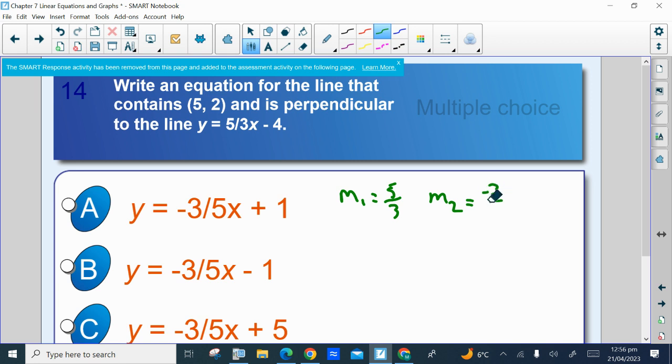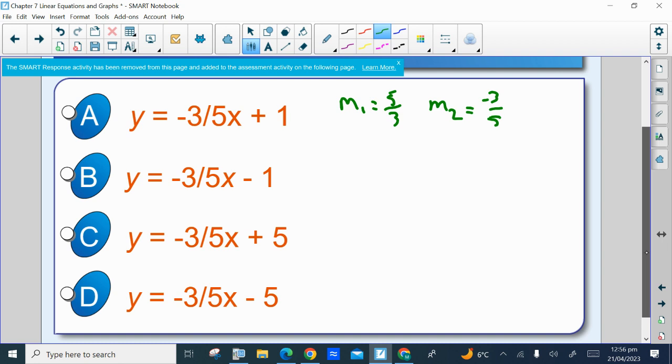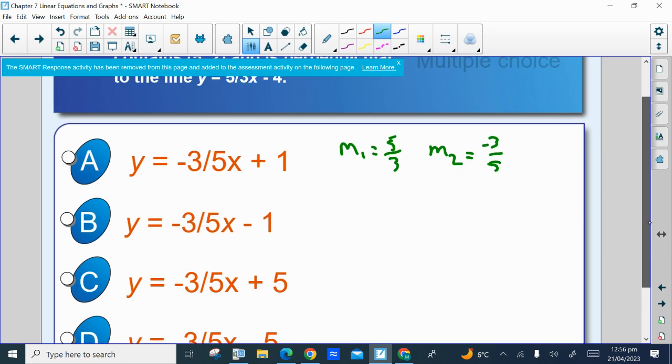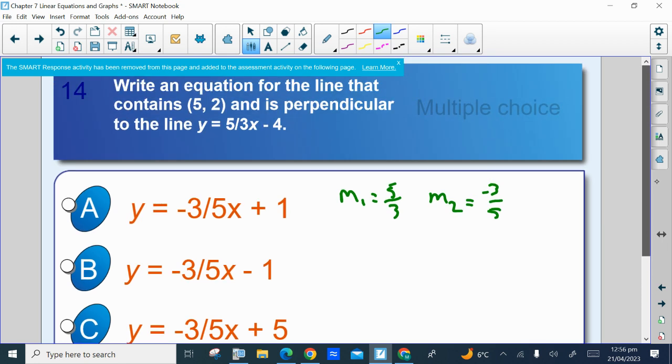Is he right, Ava? Yes. Negative reciprocal. You flip it over and you change its sign. So our line must have a slope of negative 3/5, which all 4 of our equations do. So we can't eliminate any of them that way.